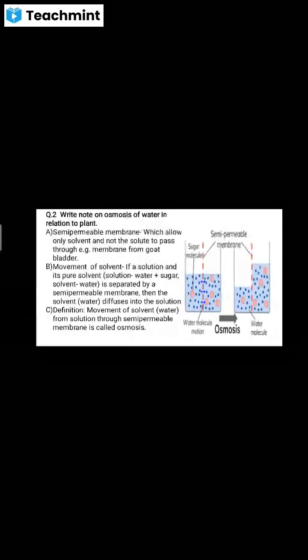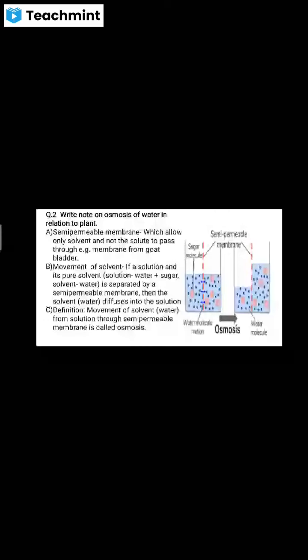When diffusion takes place through the semi-permeable membrane, the water moves across. So osmosis is nothing but the movement of solvent, that is water, through the semi-permeable membrane, and that is called osmosis.